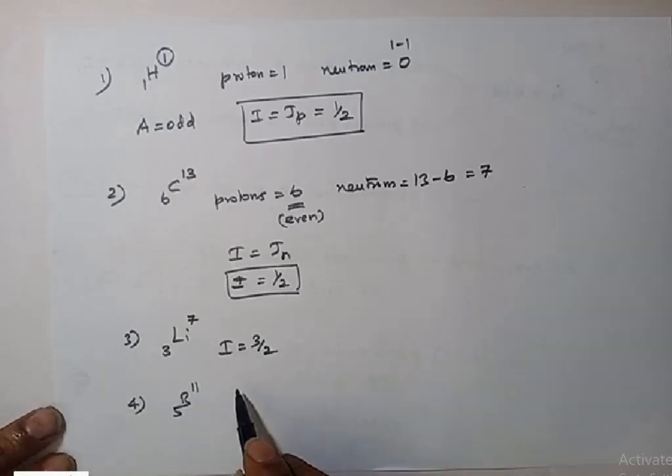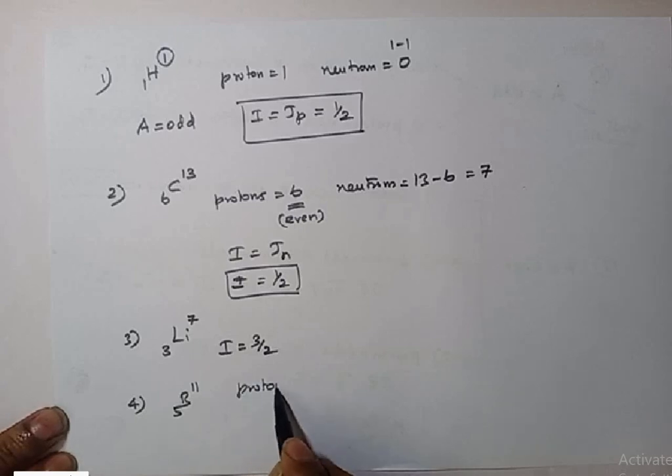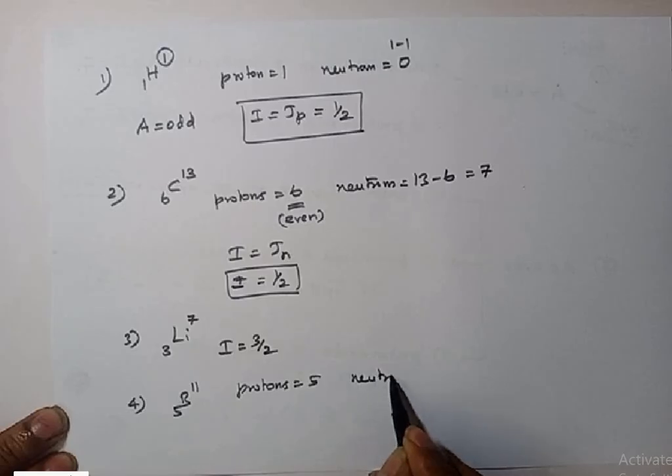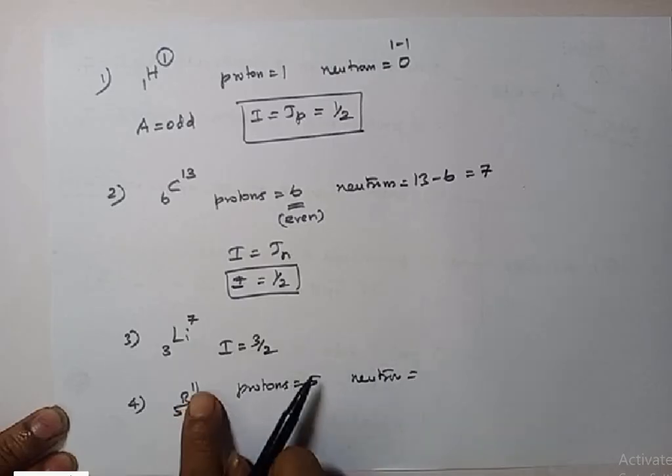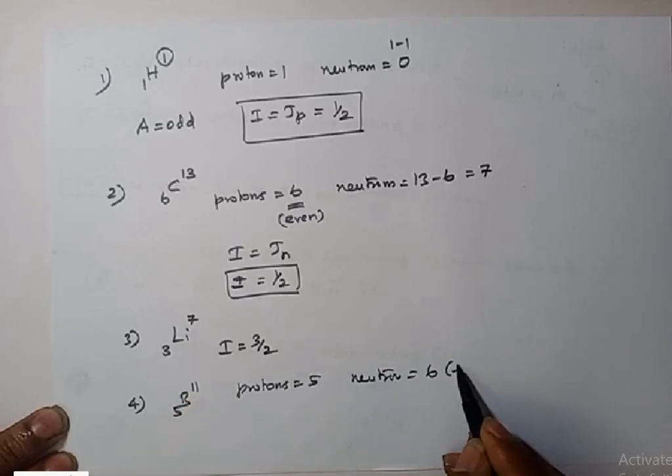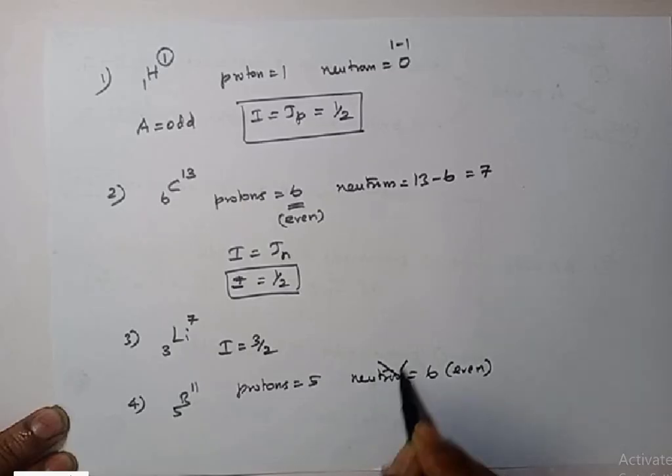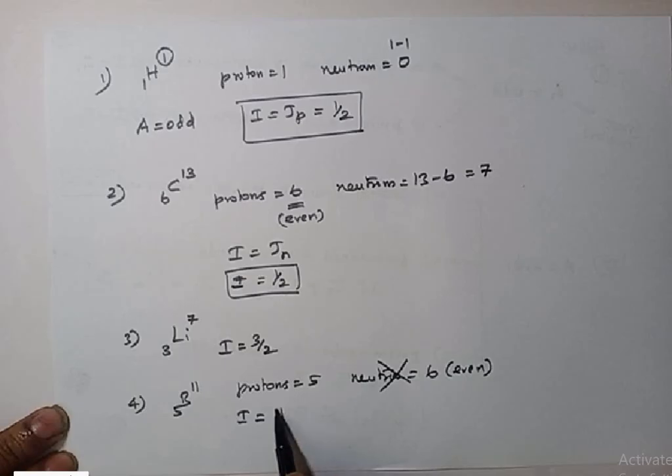Calculate the number of protons. There are 5 protons. How many neutrons are there? 11 minus 5, 6 neutrons. Since it is an even number, neutrons do not contribute. Therefore, I is equal to the total angular momentum of the protons.